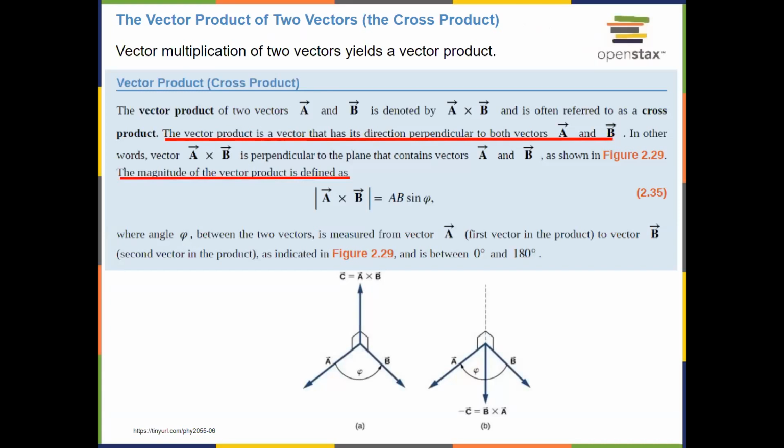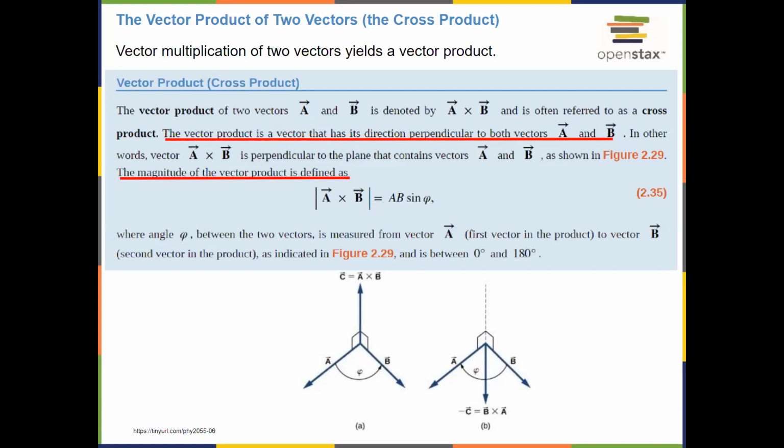If you do A vector cross B vector, writing in this form, A cross B, you get a new vector C. Because it's a vector, it's not just the magnitude. The dot product just gives you a scalar, so it's just magnitude. In this case, for the new vector C, you need a magnitude and also a direction.